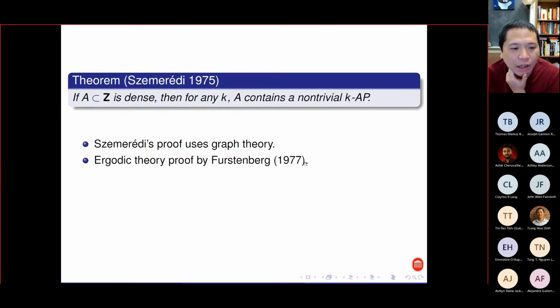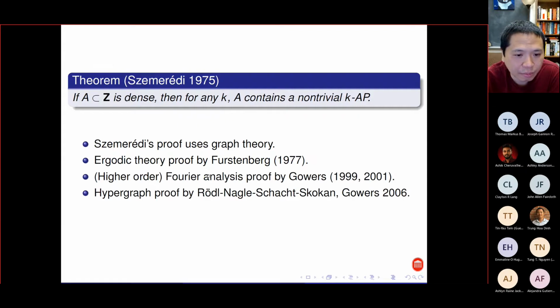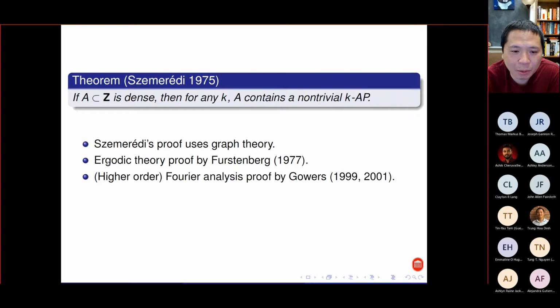Furstenberg reproved this theorem using an entirely different approach, using ergodic theory. And 20 years after that, Gowers gave yet another proof using a totally different approach.